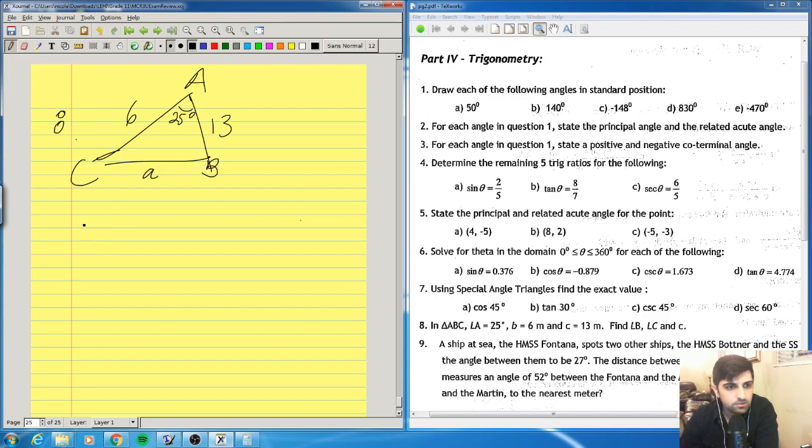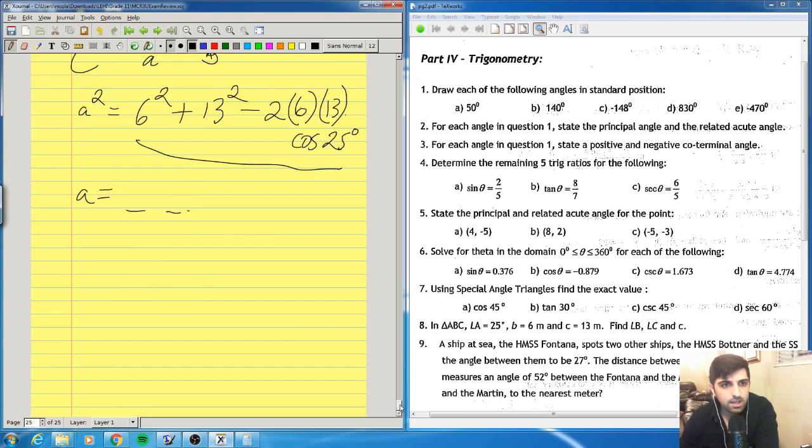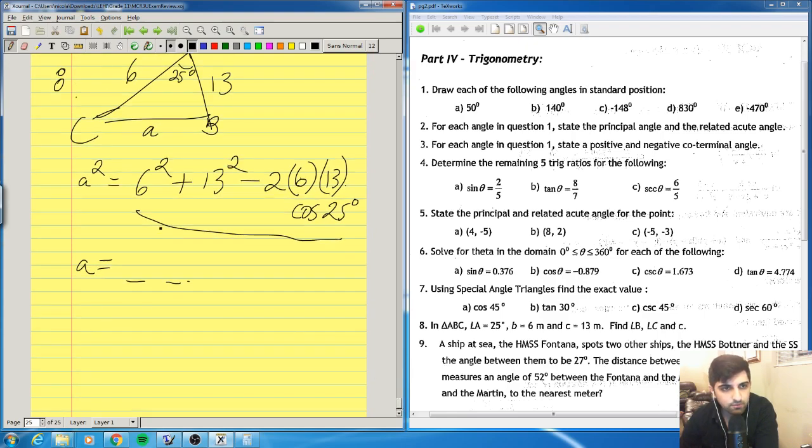So cosine law goes as this: a squared, the side length opposite the angle, squared, equals the other two lengths, squared and added, minus 2 times each side length, and then multiplied by cosine of the angle. I'm not going to do this part, but punch this through your calculator, then you'll get what a is. Once you figure out what a is, the rest should be straightforward.